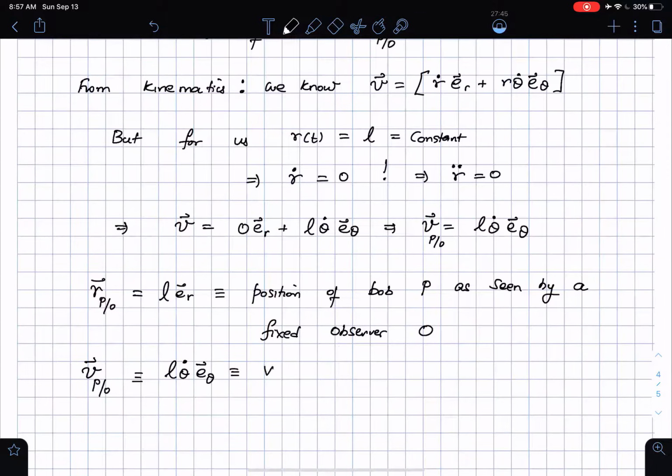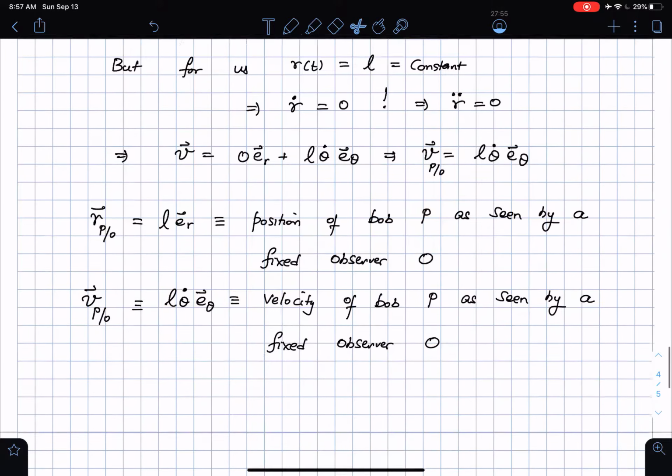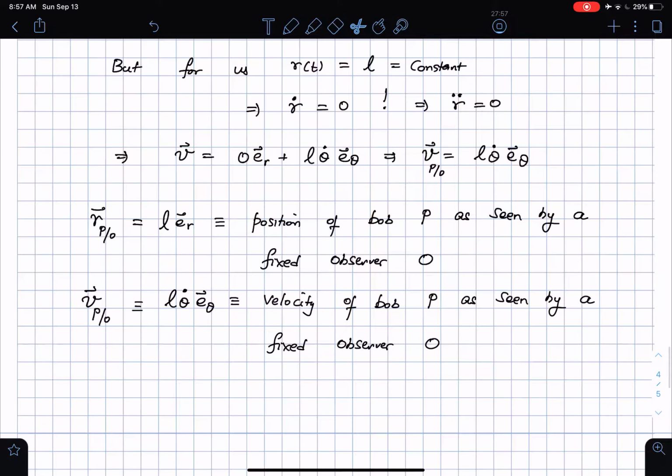This is the velocity of the bob as seen by a fixed observer.